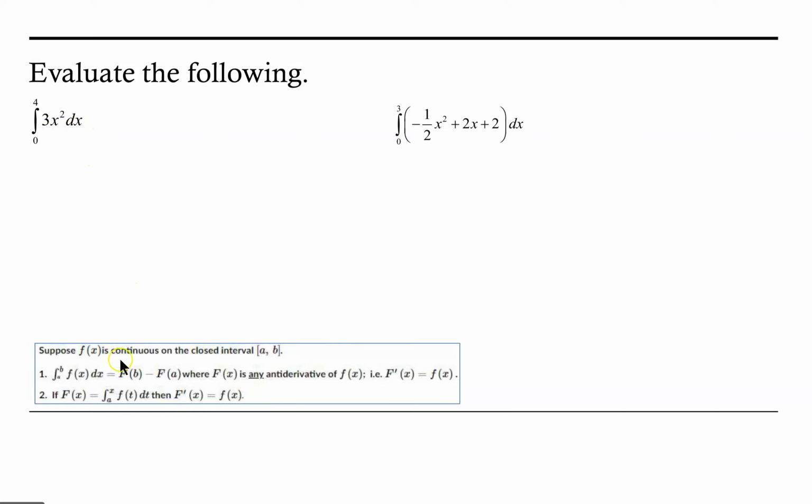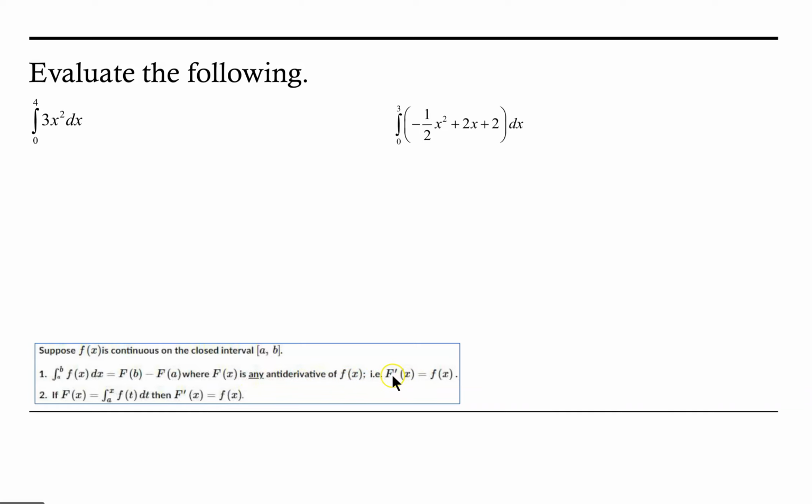Let's remind ourselves the fundamental theorem of calculus tells us that if f of x is continuous on the closed interval from a to b, then the definite integral from a to b of f of x dx is equal to capital F at b minus capital F at a, where capital F of x is any antiderivative of f of x.